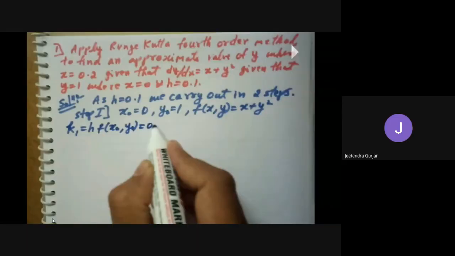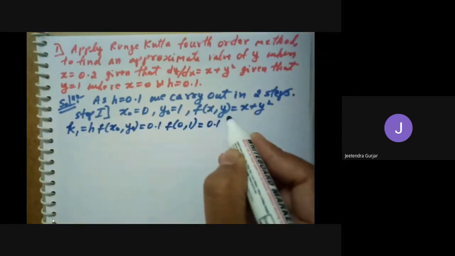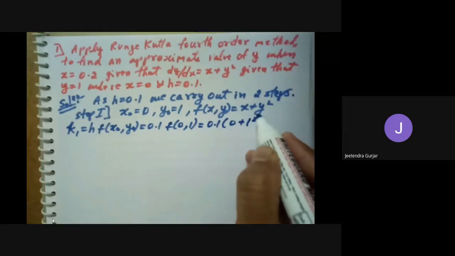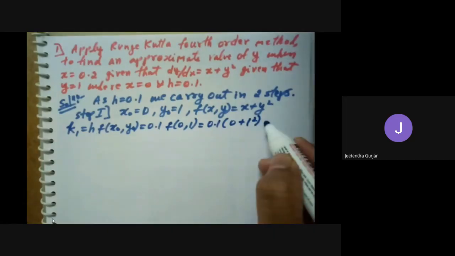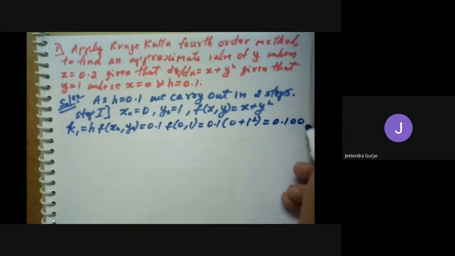X naught is 0, y naught is 1. So the function is going to become 0 plus 1 square. So substitute the values for k1. The answer you are going to get here is 0.100. That is our approximation, k1.